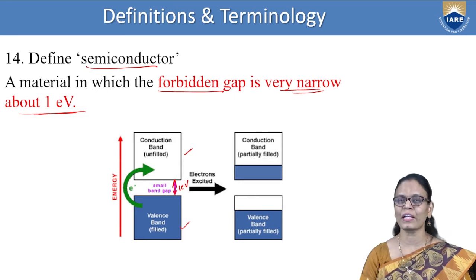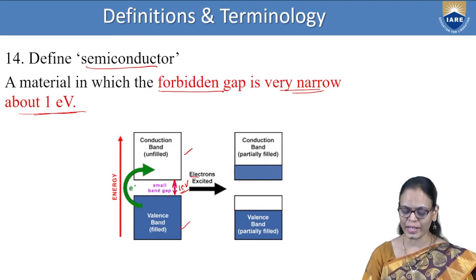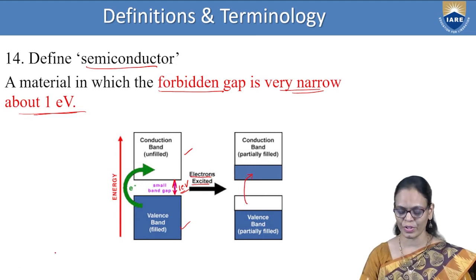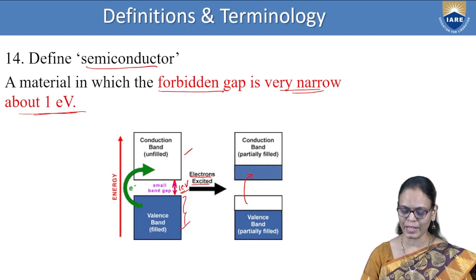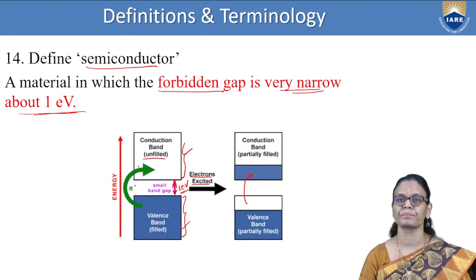So now what we understand here is, if you supply a minimum energy equal to 1 electron volt, the valence electrons can be excited to the conduction band. So when the electrons are excited, what happens? Some of them go into the conduction band. So you see here, the valence band is completely full and the conduction band is empty or unfilled.